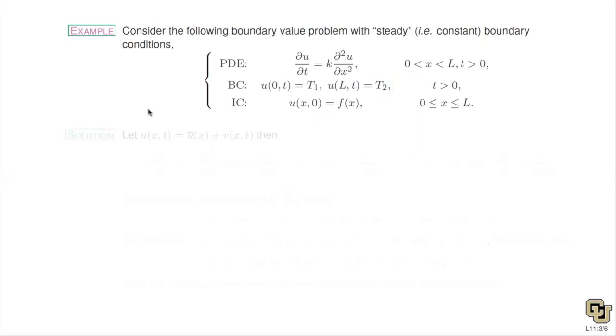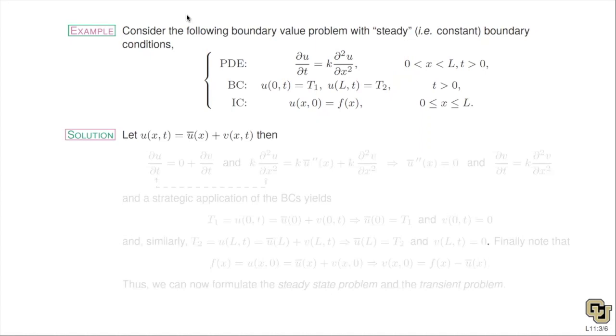So now the set of functions that satisfy the PDE and boundary conditions do not form a vector space. You should think about why that is. The problem is with these boundary conditions. If they're not homogeneous and you have two functions that satisfy the boundary condition, when you add them, the sum will equal 2T1, which is not equal to T1.